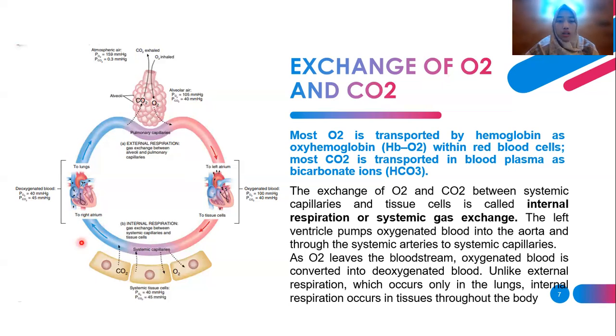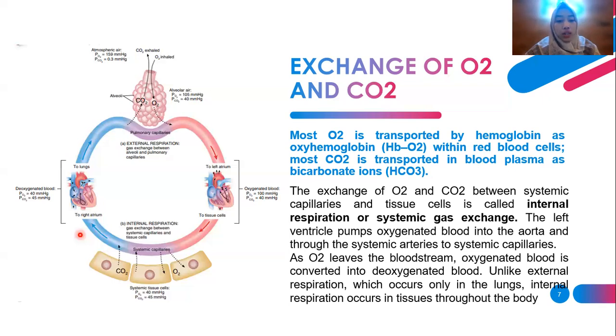While oxygen is diffusing from alveolar air into the blood, carbon dioxide is diffusing in the opposite direction. The pressure of carbon dioxide of the deoxygenated blood is 45 in a resting person, and the pressure of carbon dioxide of alveolar air is 40.